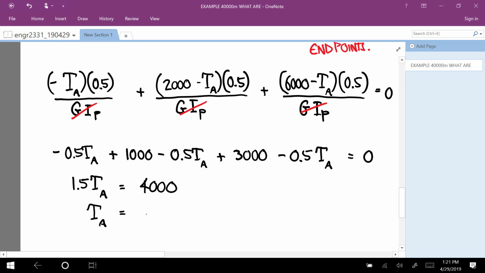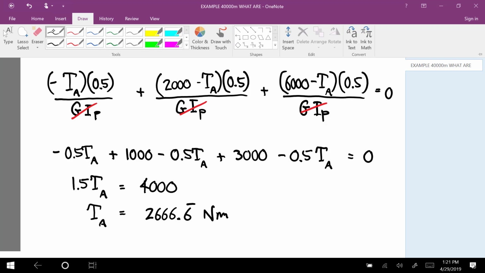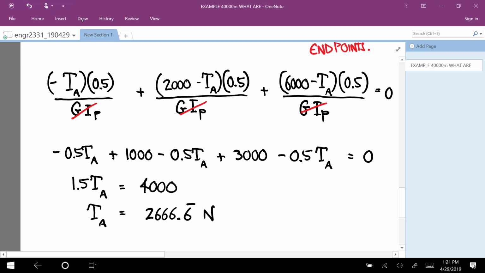So that's 2666.6 repeating, I think, Newton meters. You can think of this as the second equation that we got.